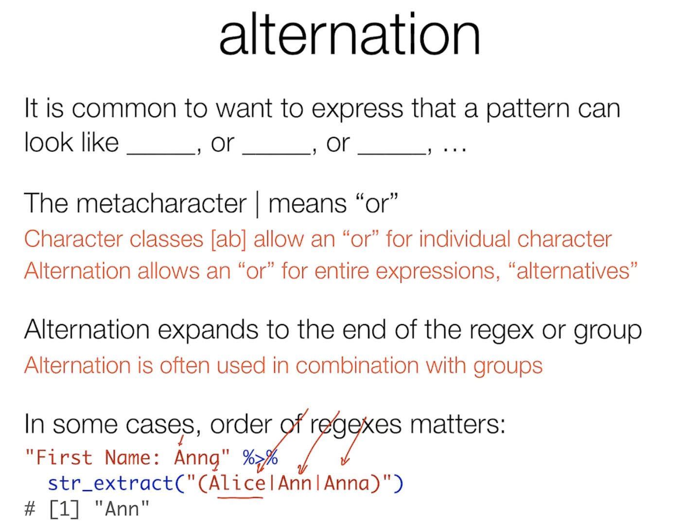The problem is that it meets the L here of Alice, and it says that doesn't match the A here, okay? And it keeps going on. Now, what about Ann? It sees the A, it's good, the N, it's good, and the N, it's good, so it has a match. Regular expression engines are said to be eager. They want to match the very first thing they can. So here, the result is Ann and not Anna, which would be the full match.